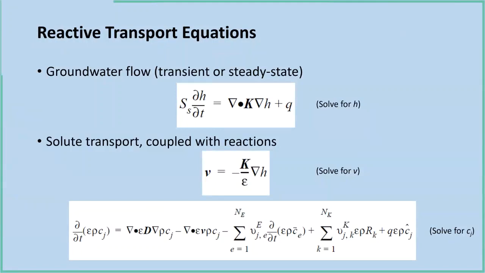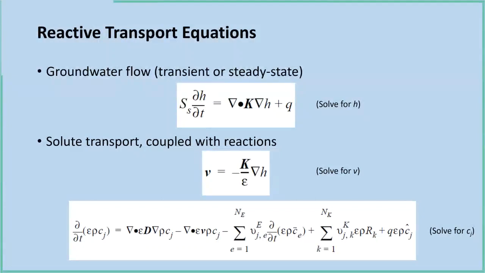Those of you who are mathematically inclined, this is just a summary of the equations the reactive transport model must solve, at least in some form. The first is the conservation equation for groundwater flow, which can be either transient, as shown here, or steady state. The second equation computes groundwater velocities for the advective component of solute transport from Darcy's law and the effective porosity.